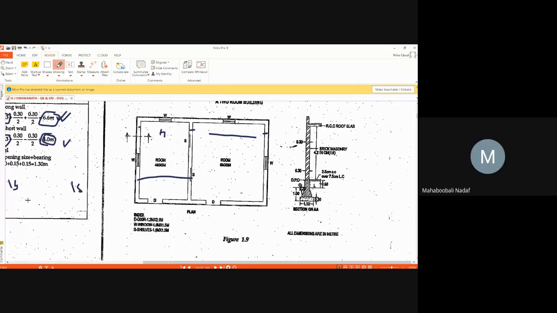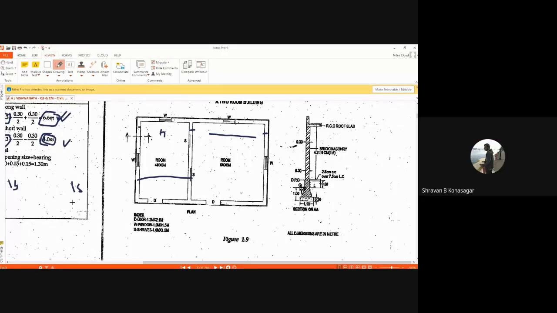Everyone, this step is clear? So 10.60. For others, how the calculation is done, it is clear? Yes, sir.